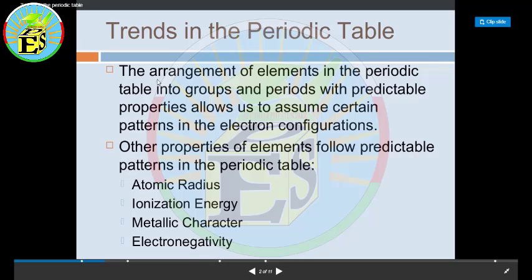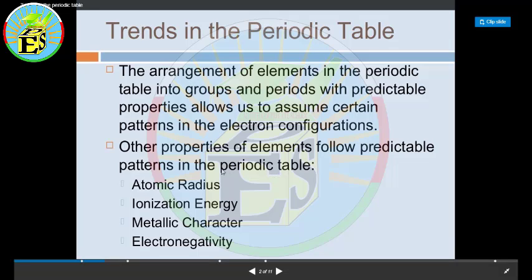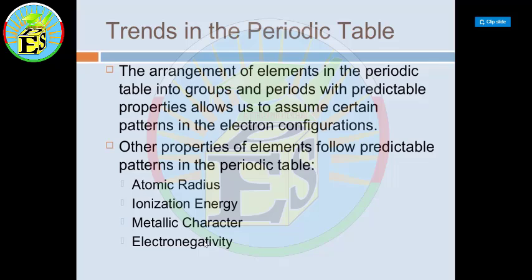The arrangement of elements in the periodic table into groups and periods with predictable properties allows us to assume certain patterns in the electronic configurations. Other properties of elements also follow predictable patterns in the periodic table, for example atomic radius, ionization energy, metallic character, and electronegativity.